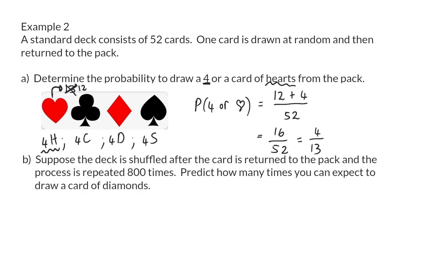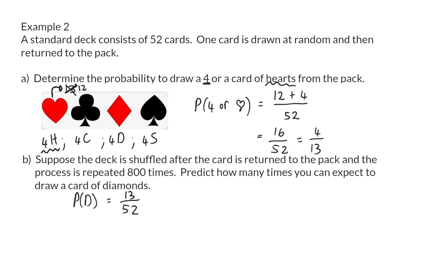Question B. Suppose the deck is shuffled after the card is returned to the pack and the process is repeated 800 times. Predict how many times you can expect to draw a card of diamonds. We know that the probability of drawing a diamond card is 13 out of the 52 cards.